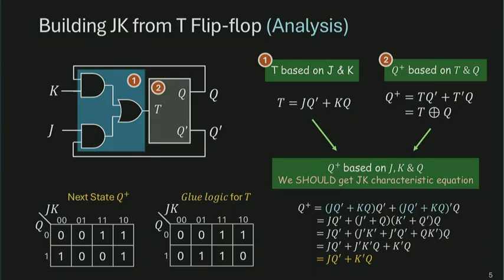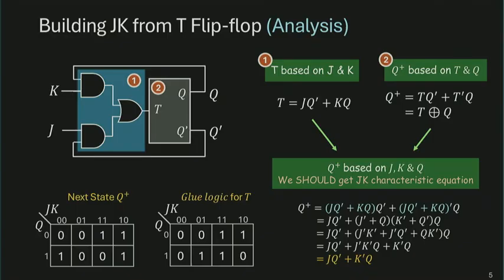Right. So given this circuit, if I want to analyze its behavior, I better write out this combinational logic as a Boolean equation, which is T equals JQ prime plus KQ. And internally, the flip-flop will work based on its characteristic equation. That's when you give it a particular T input, how we update the Q value to get Q plus.